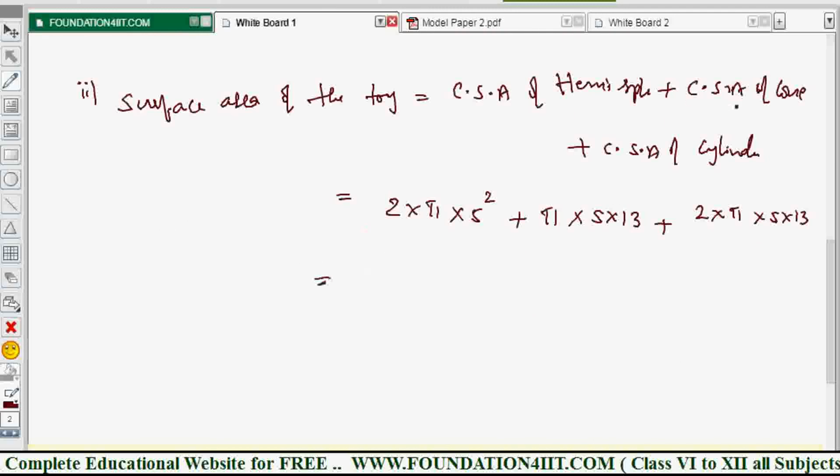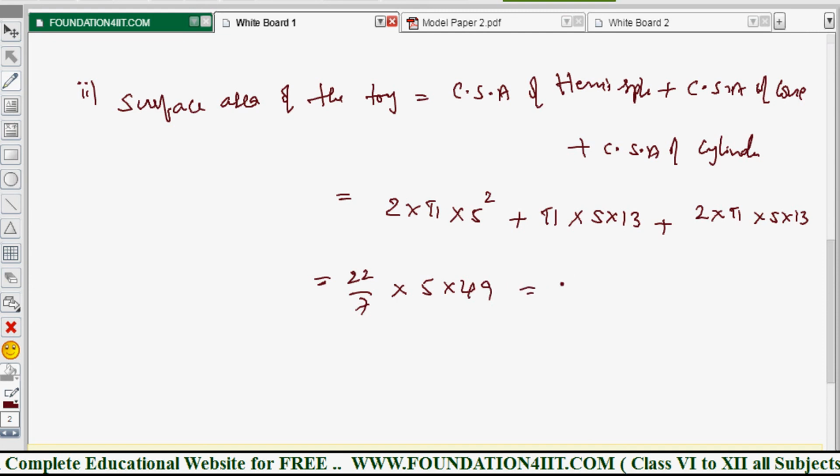Because CSA of the cone is pi r L. So pi into 5 into 13. Just simplify all these values. 22 by 7 is the common, into 5 into 49. Right.